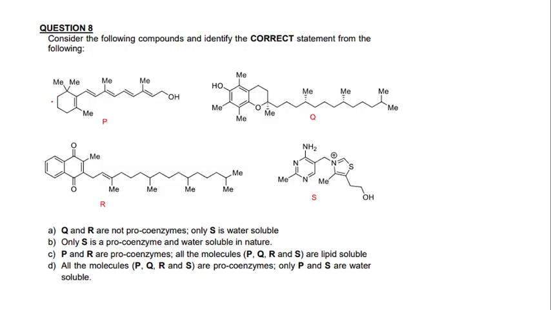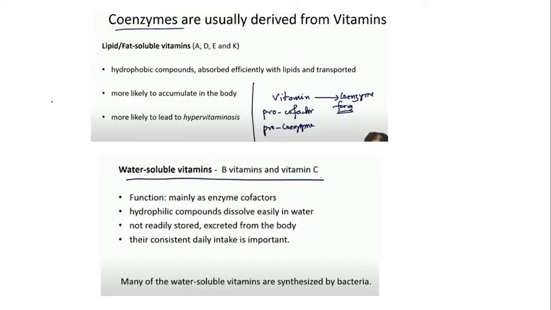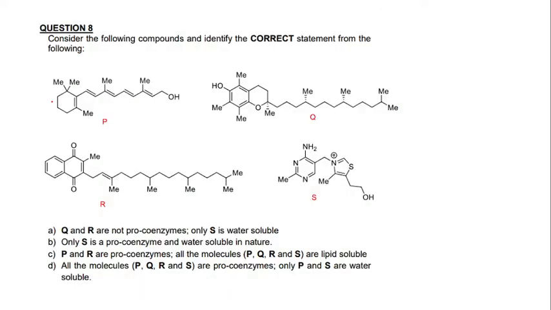So now, do you know which one of them is vitamin C, vitamin D, and A, E, K? We need to identify. Do you know the structure of these? So what is P?